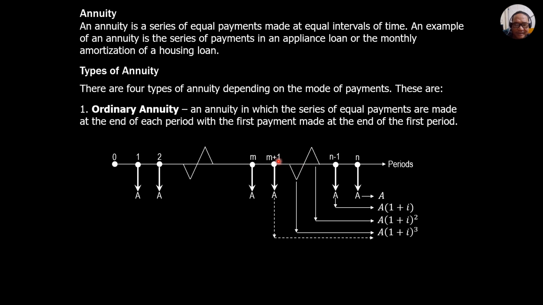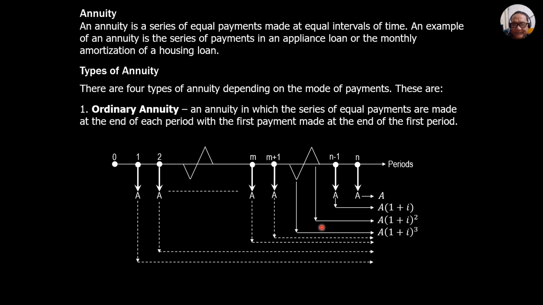It is n minus quantity m plus 1 minus 1, so it is n minus m, and so on and so forth, until this is A times 1 plus I to the power n minus 1, and this one is A times 1 plus I. So this would be A times 1 plus I to the power, and so on and so forth, A times 1 plus I to the n minus 1, because the distance is n minus 1.